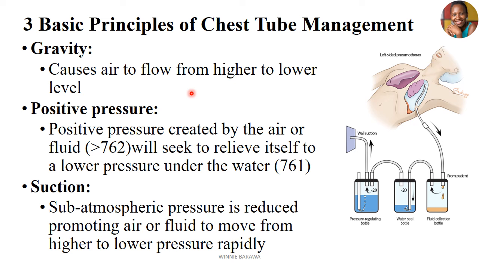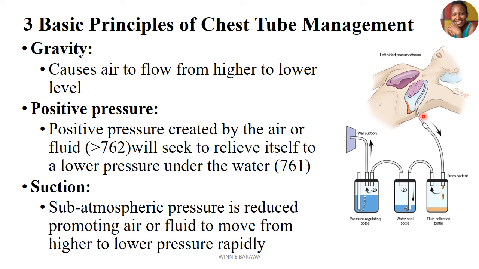The other principle is positive pressure. This is the pressure that is created by either the air or the fluid inside the pleural space, and this pressure pushes the content out so that it can flow into the collection point. While the fluid or air accumulates in the pleural space, the more it accumulates, the more the volume increases and expands.